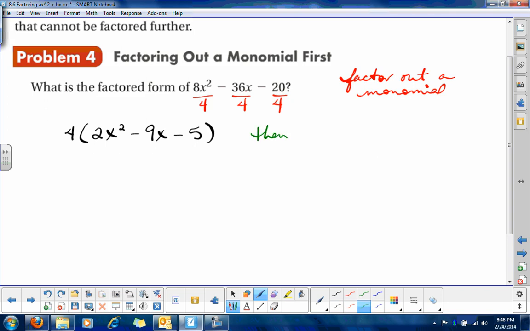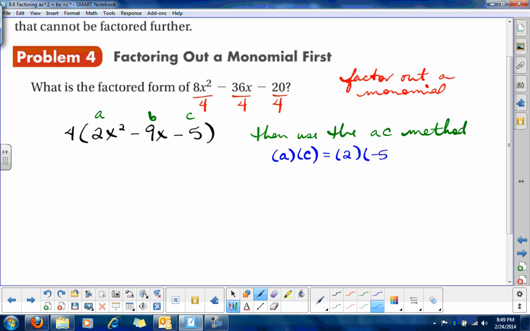So then use the AC method. Again, here we have ax squared minus bx minus c. So when we multiply a times c, we're going to get 2 times negative 5, which is equal to negative 10.